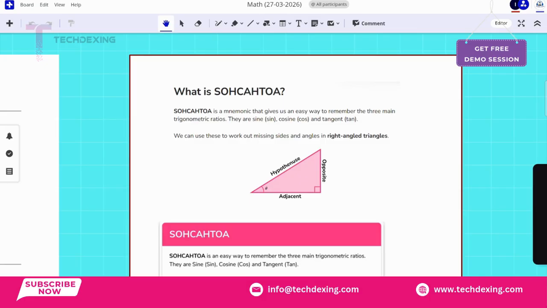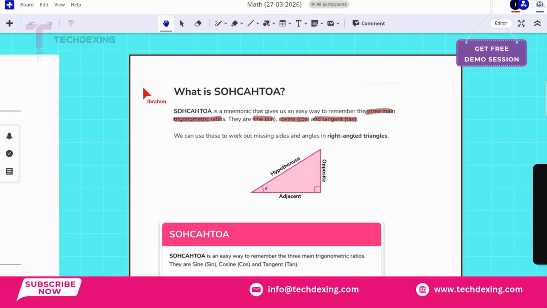So over here, this is the short name SOHCAHTOA, and each of the capital letters has some meaning. That is a mnemonic that gives us an easy way to remember the three main trigonometric ratios. They are sine, cosine or cos, tangent or tan.